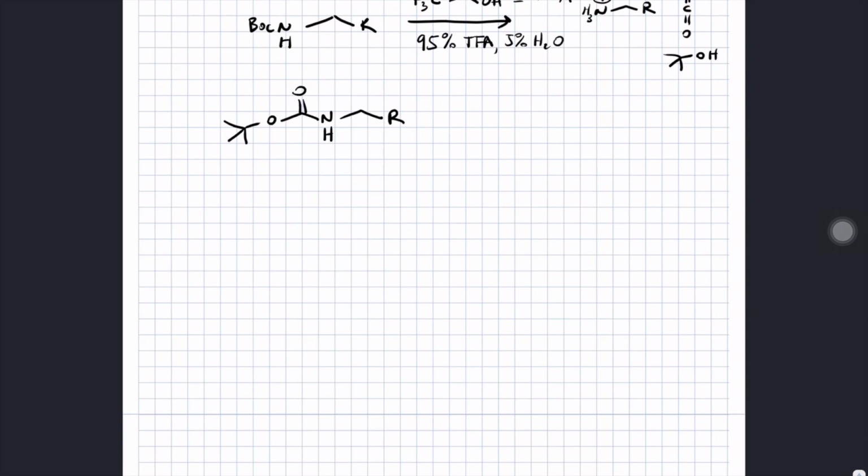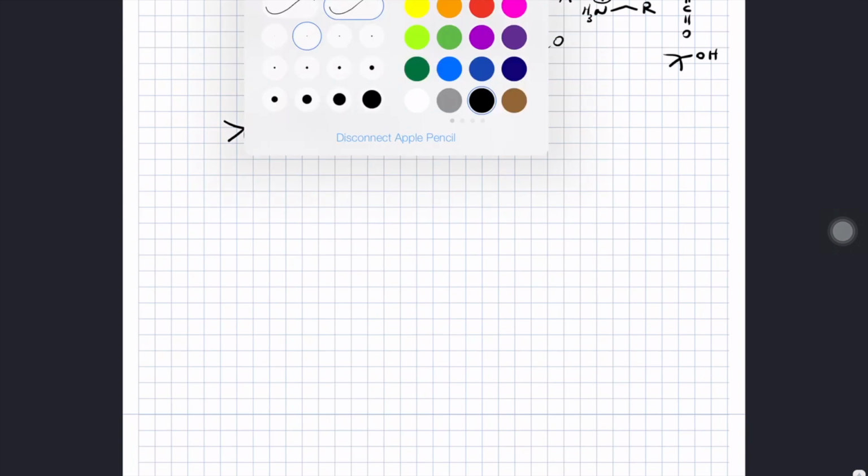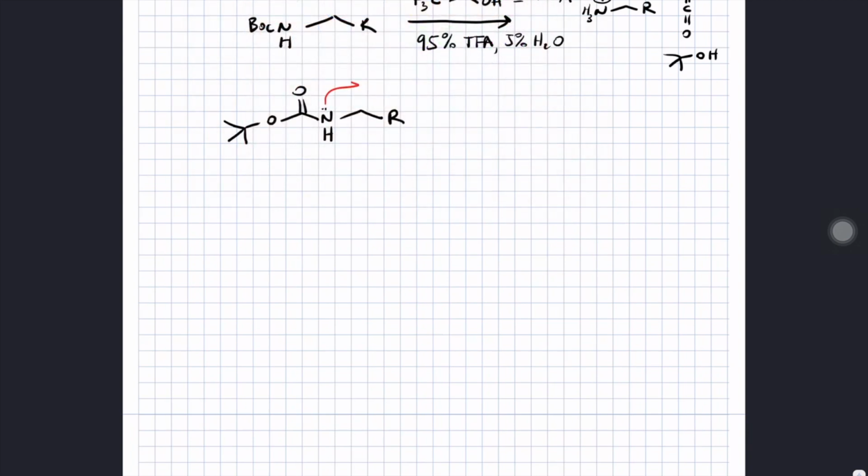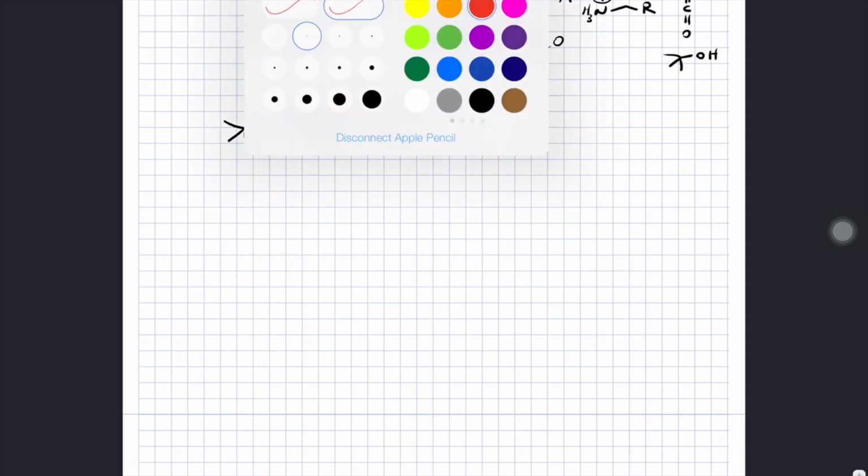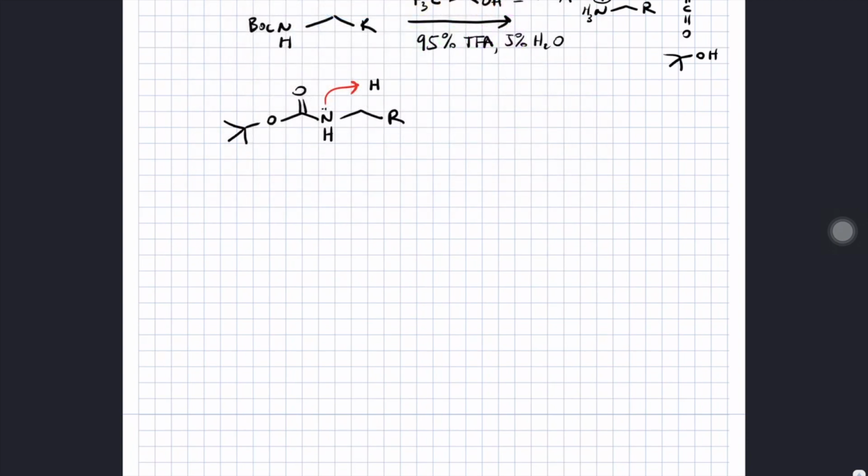So what happens is that in TFA, we protonate the nitrogen within the Boc carbamate. We do that with our strong acid.